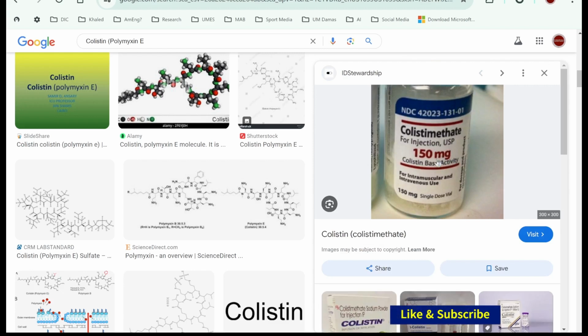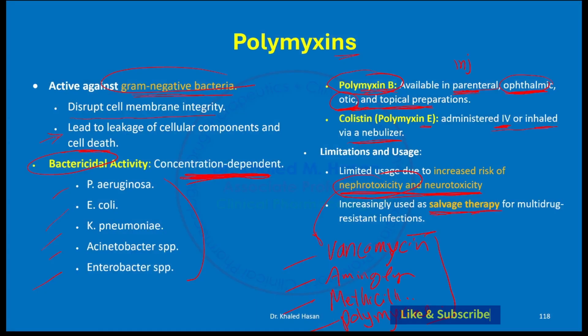If you click on this one here, you can see colistin. What is colistin? It's polymyxin E, and colistin is used for patients suffering from, for example, COPD or cystic fibrosis, to treat multi-drug resistant infections.